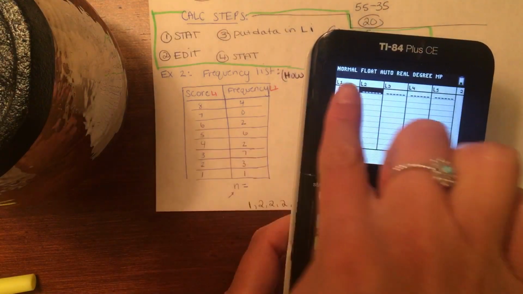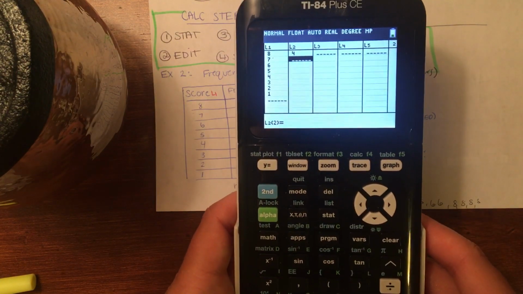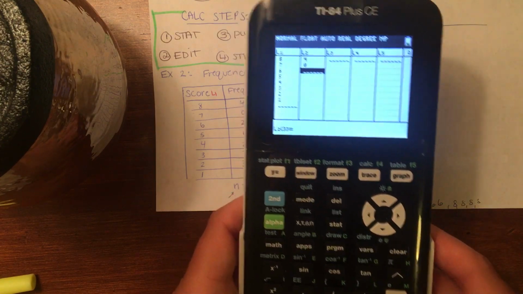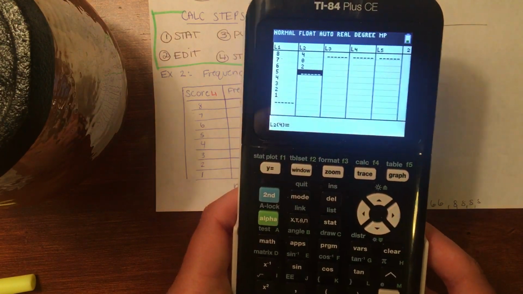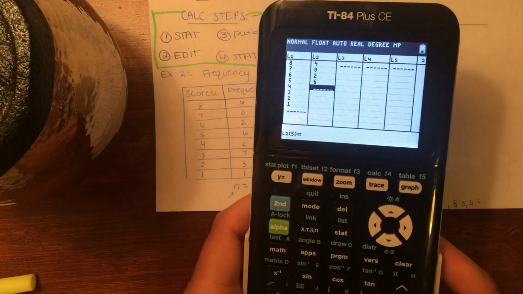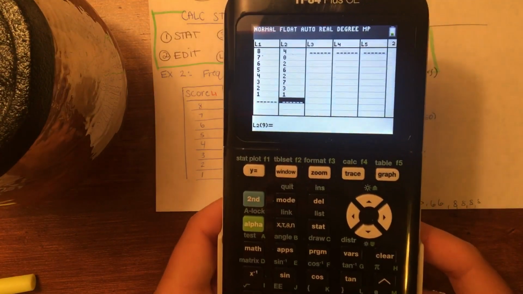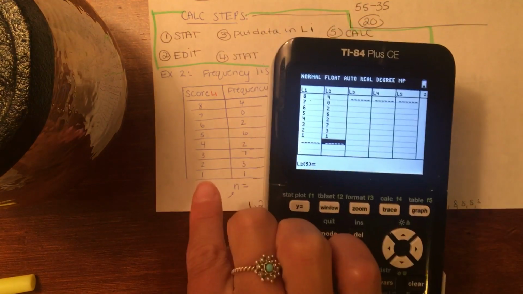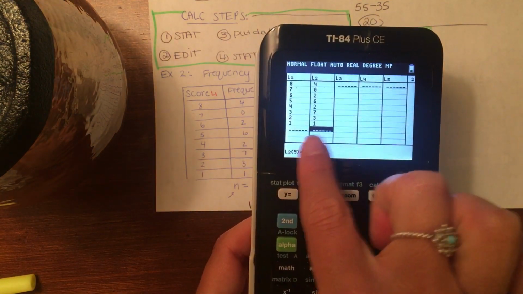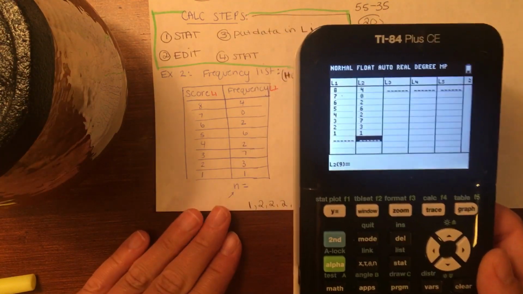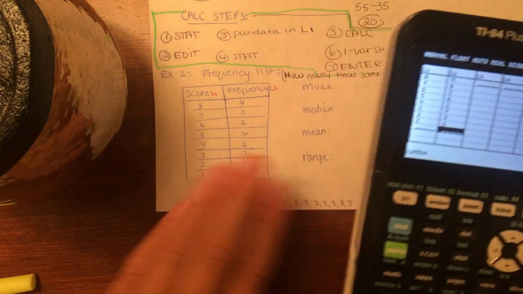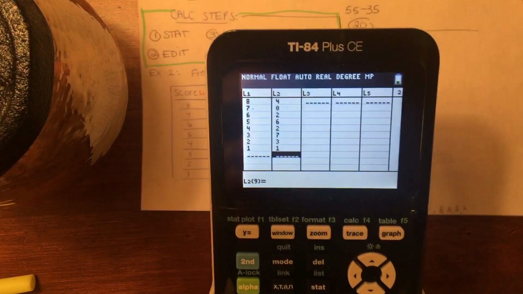Next to the 8, I have to put the 4. Next to the 7, I must put the 0. 6 would be the 2, then 6, 2, 7, 3, 1. Now triple check yourself that that matches. It's very easy to type something in wrong, so you always want to make sure you got that correct.